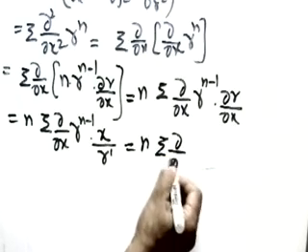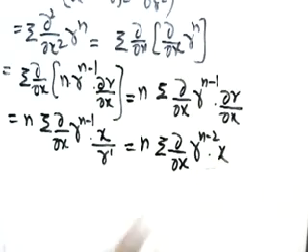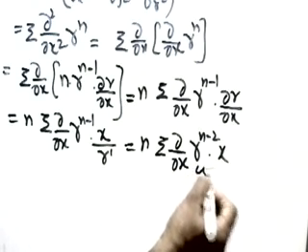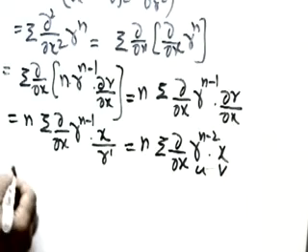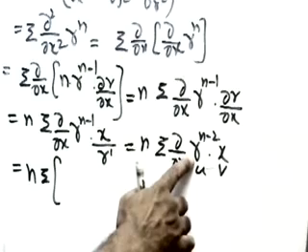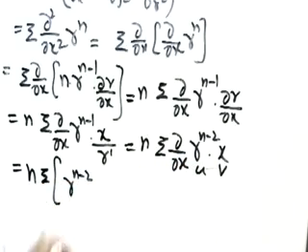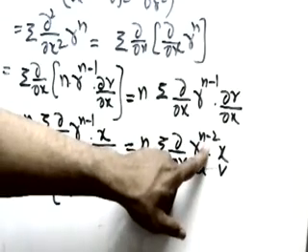So this will be n into sigma dou by dou x of r power n minus 2 into x. Again, let me differentiate. We are multiplying now, so we have to use uv. So n into sigma: let me differentiate, u d by dx of v plus v d by dx of u. U is r power n minus 2.